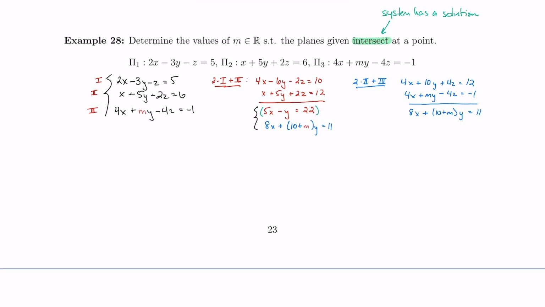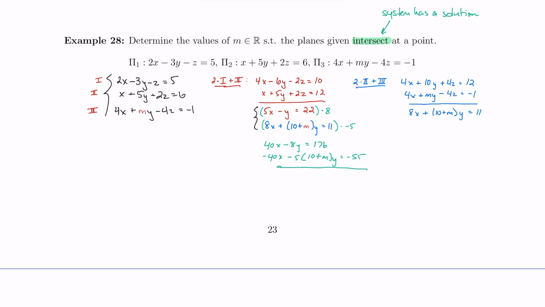So if I multiply this one by 8 and multiply this one by -5, let's see, we're going to get 40x minus 8y equals 176, and -40x minus 5 times 10 plus my equals -55.